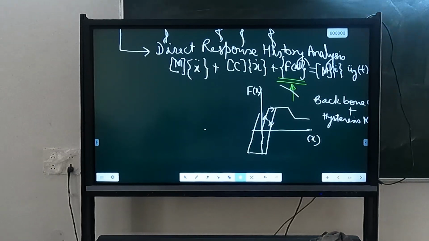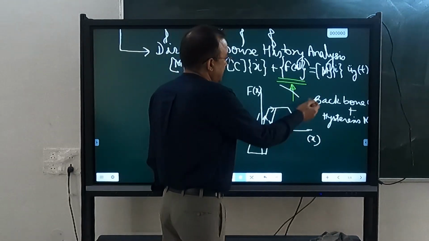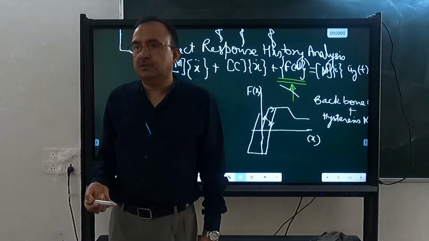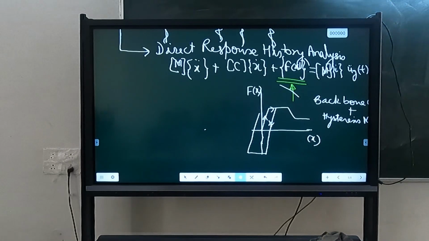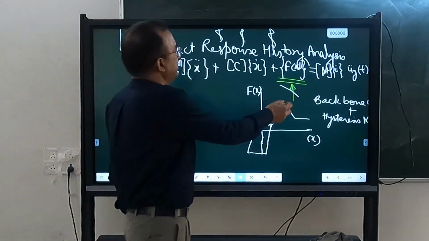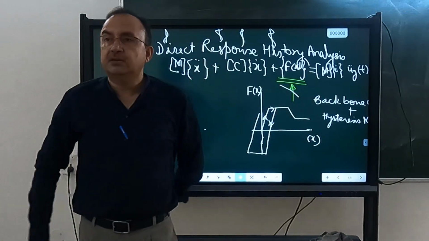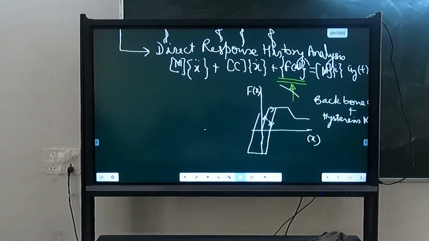For that, the standard or code based backbone curve and hysteretic model are not available. So in that case, what can I do? If the tests are available in literature, if sufficient tests are available, I can use those. But if, let us say, it is something new which I want to propose, for which the tests are not available, I have to perform my own test. So for that component, I will develop this and use that in my nonlinear time history analysis. Okay.